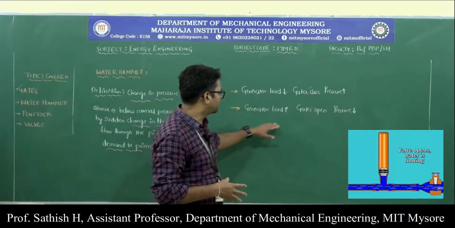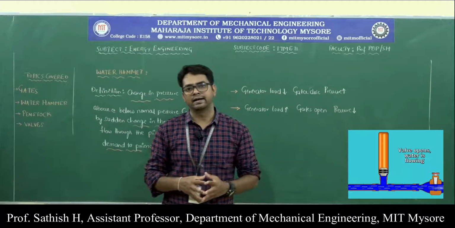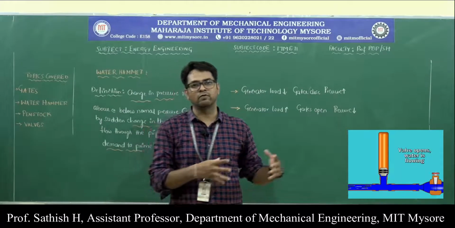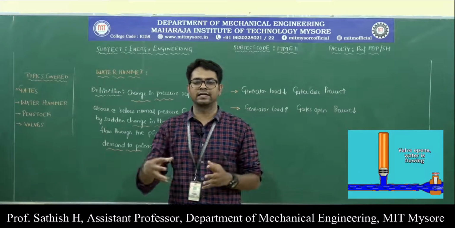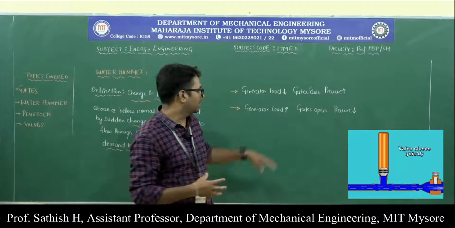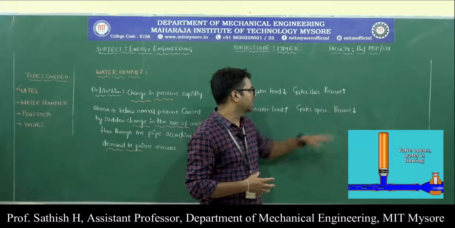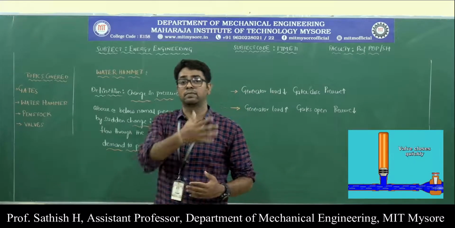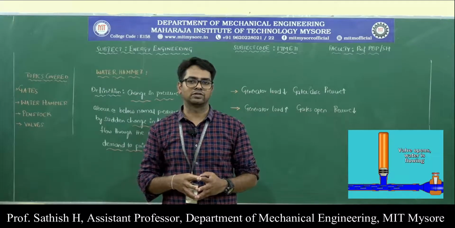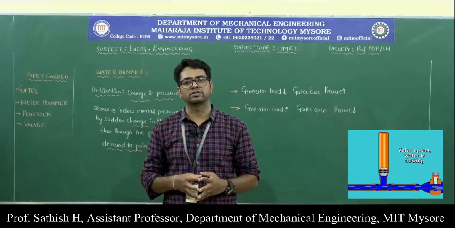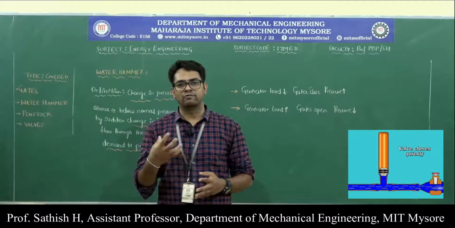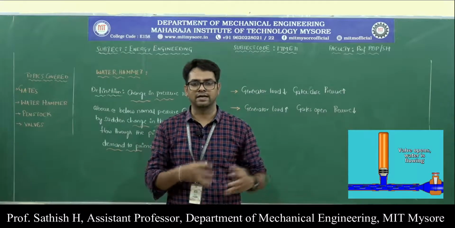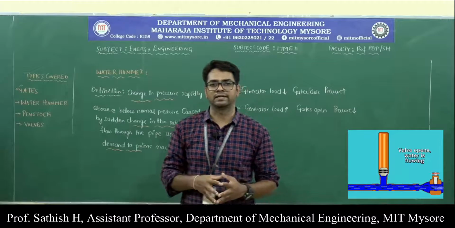So we need to open the gates to admit more water into the inlet of the turbine. At that time the pressure on the upstream side reduces below the normal pressure. That results in fluctuations of the pressure inside the penstock, for example.